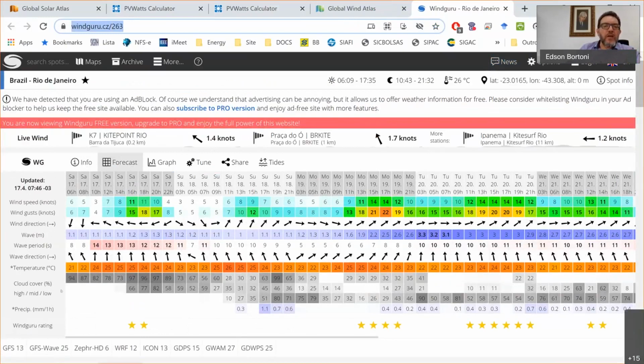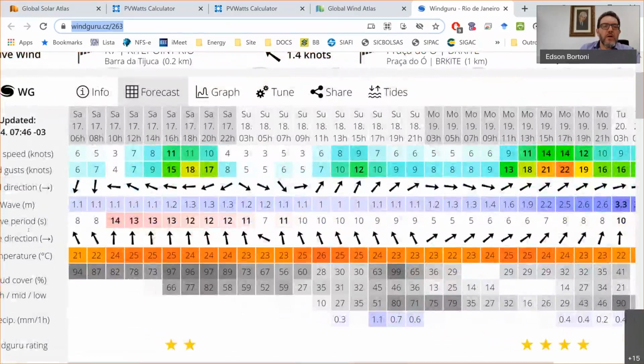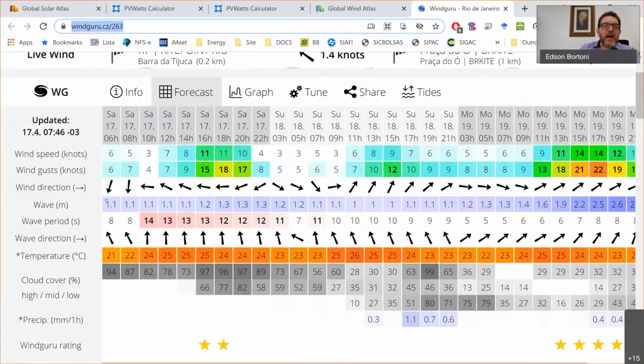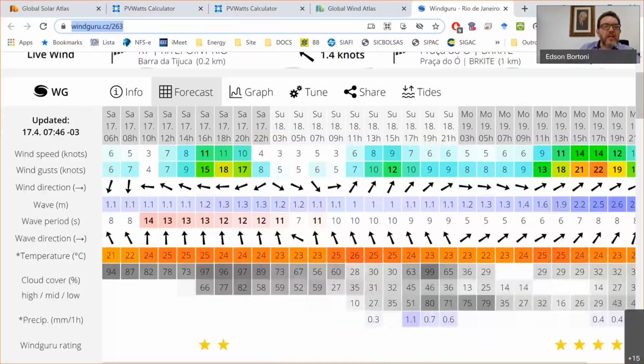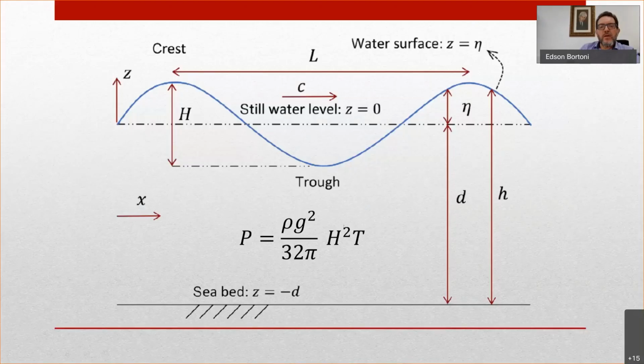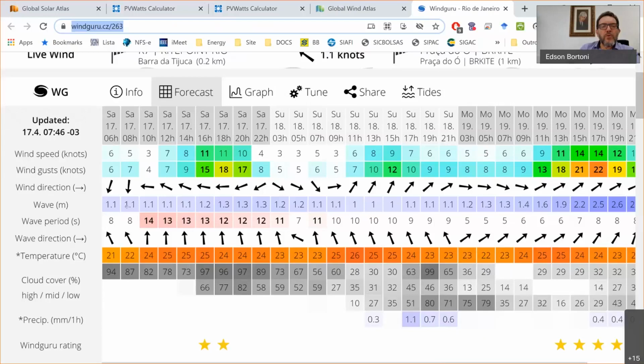You have here the wave height, so in that equation, this line here: 1.1 meter, 1.3, 1.2 meter, 2.5 meter.